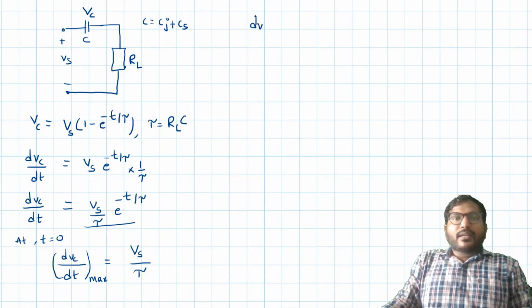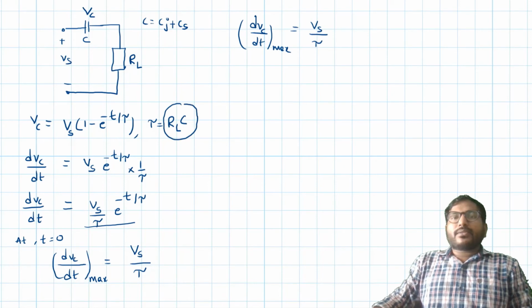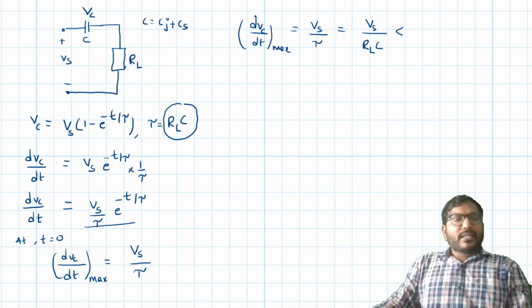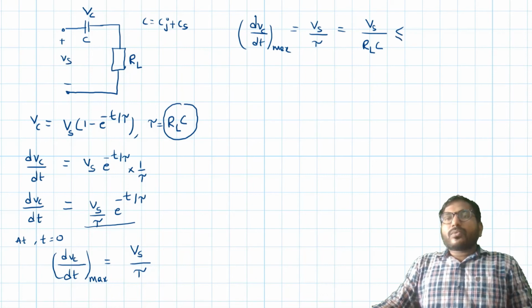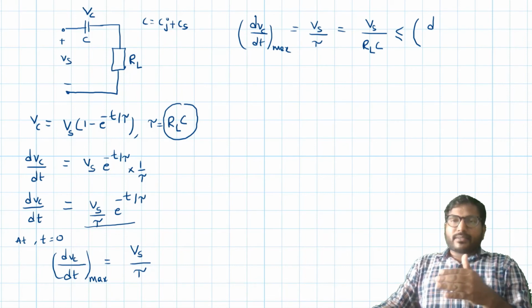Now here, dVc by dt maximum is equal to Vs by tau. We know that tau is equal to RL into C, so that is Vs by RC. This must be less than or equal to the permissible limit, the dV by dt rating.